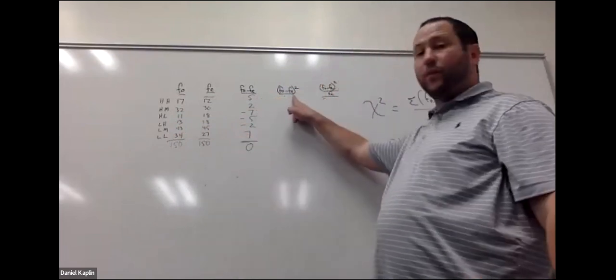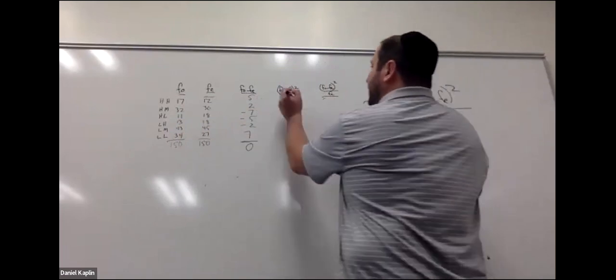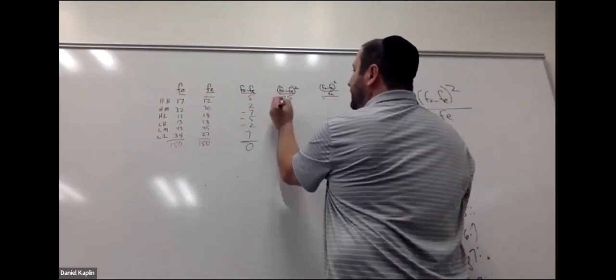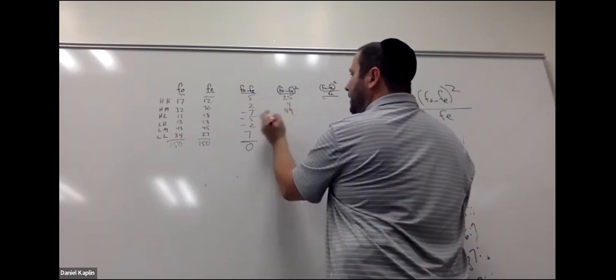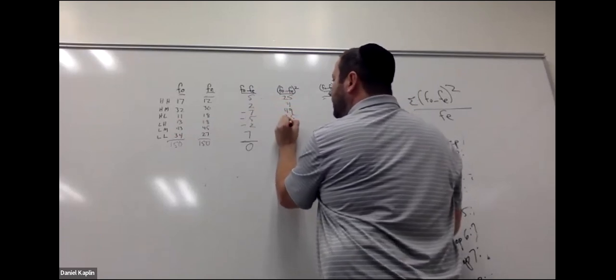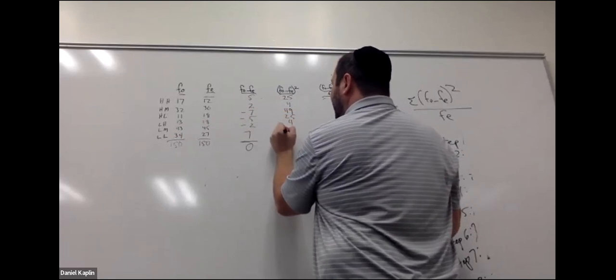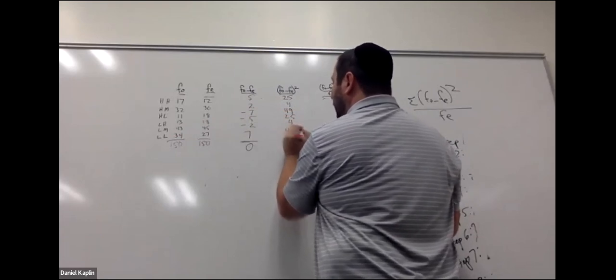So now we have to square this value. So 5 squared is 25. 2 squared is 4. 7 squared is 49. Again, 25. Again, 4. And again, 49.